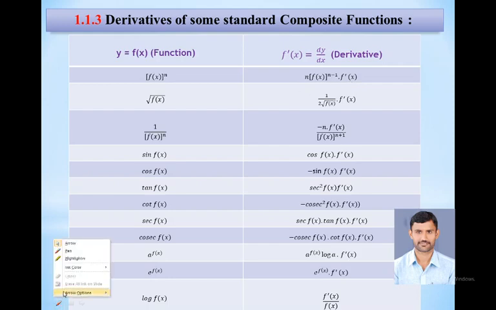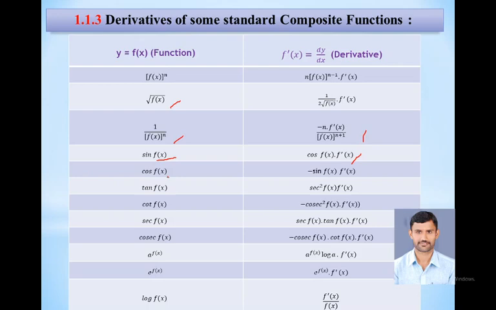Now, second one is, if function is square root of f of x, then its derivative is 1 upon 2 square root of f of x into f dash of x. If function is 1 upon f of x raised to n, then its derivative is minus n into f dash of x upon f of x raised to n plus 1. If function is sin f of x, then its derivative is cos of f of x into f dash of x.